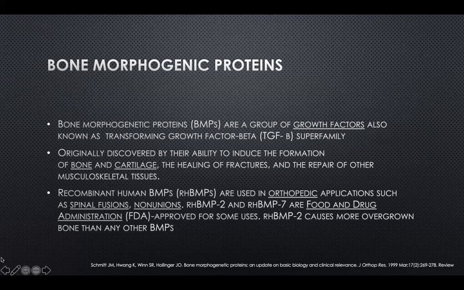So we have a recombinant human BMPs, which are used in orthopedic surgery like spinal fusions or non-union fractures. There is 2 types that have been used, which are the BMP2 and BMP7. And these are the 2 types that approved from the FDA. The BMP2 in particular causes more overgrowth of bone than any other BMPs.